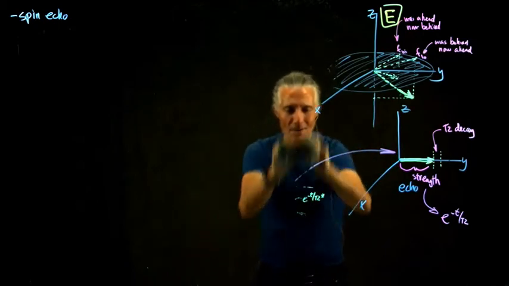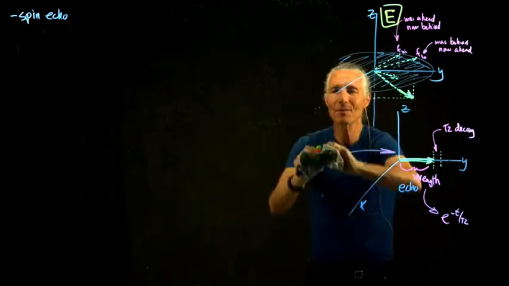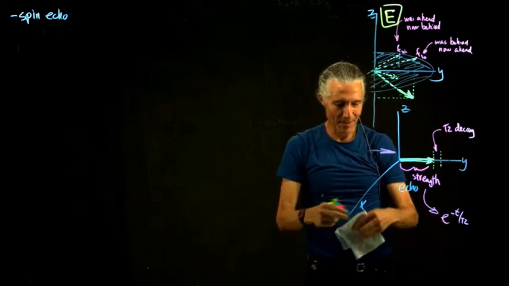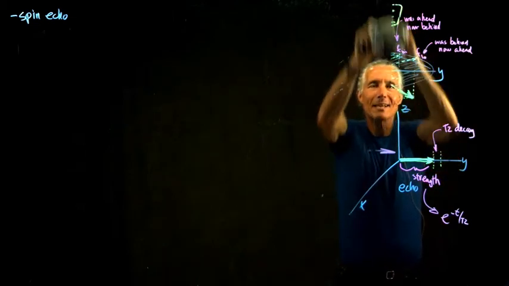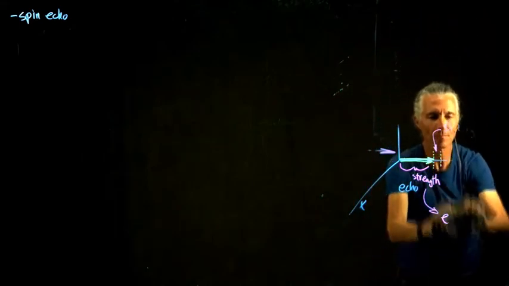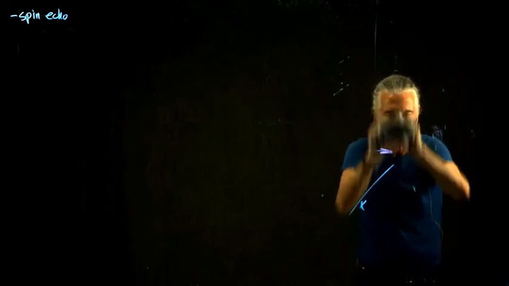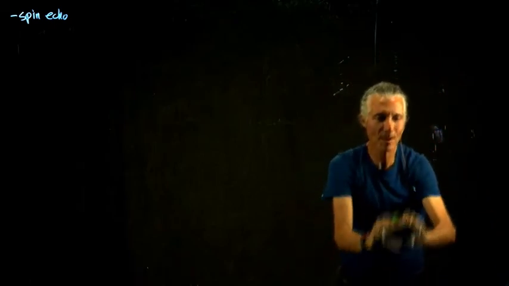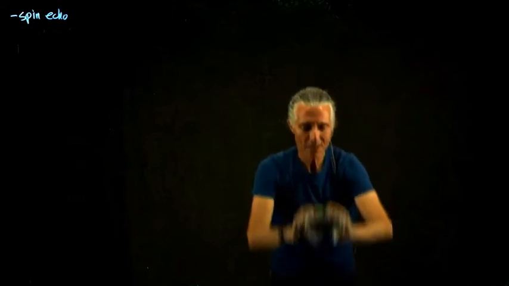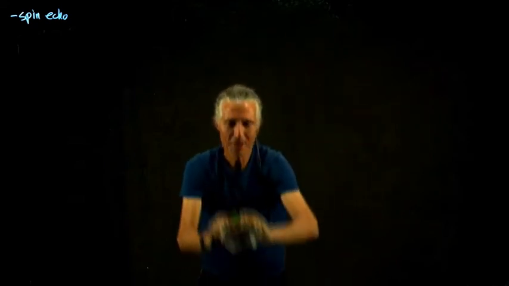But what we want to do now is a little more general. What if we had a 30-degree flip? Then e to the minus t over T2 is not the right equation. I wrote out all the equations in the notes, but to deal with 2 arbitrary flip angles, you end up with a giant page of sines and cosines.